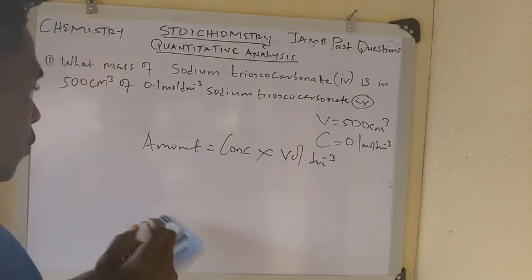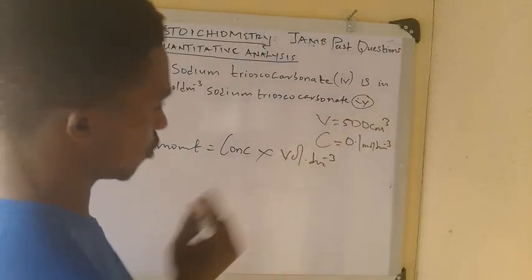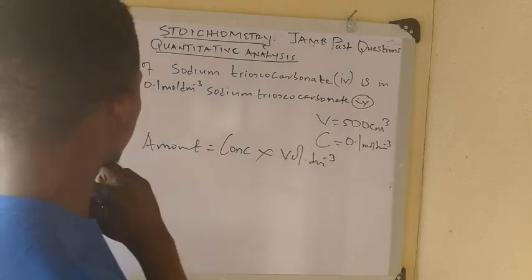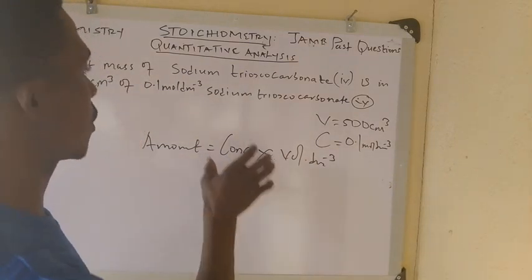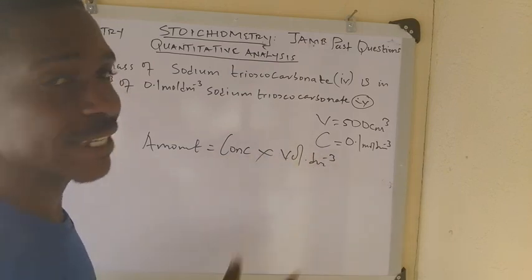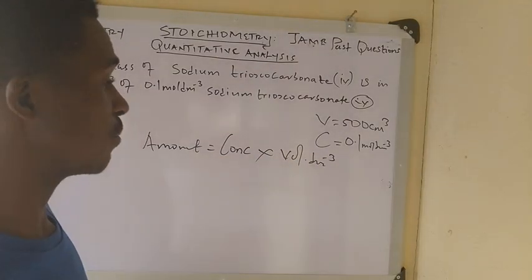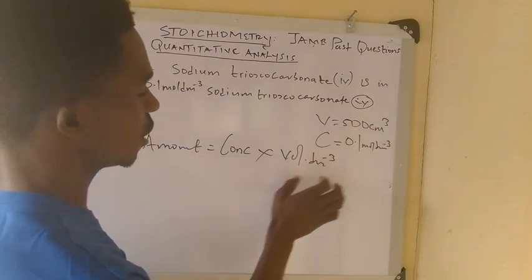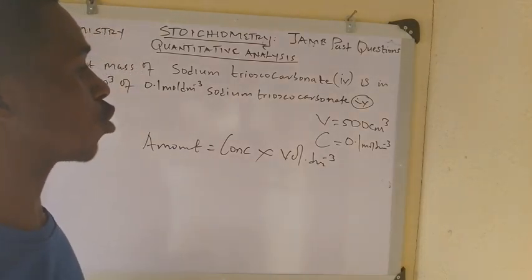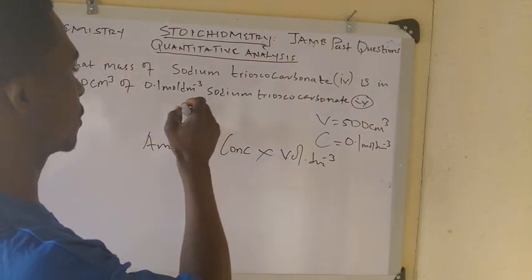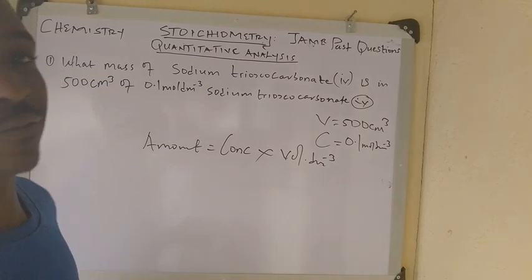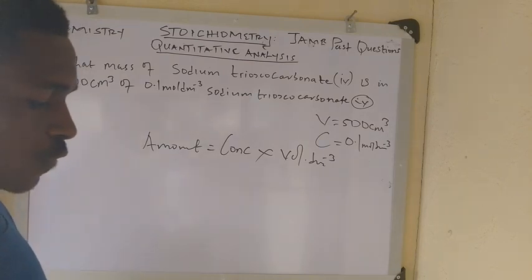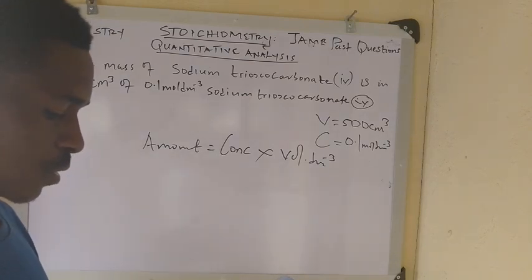Now, our volume is 500 cm³ and our concentration is 0.1. But in the formula, we know that the volume should be in dm³, not cm³. So we can go ahead to convert this cm³ to dm³. If I want to convert cm³ to dm³, I divide the cm³ by 1000.